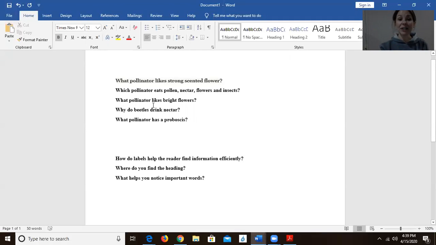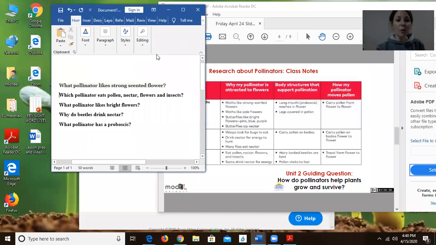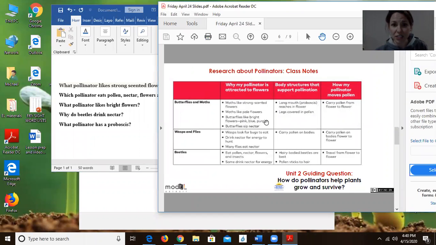What pollinator likes bright flowers? Why do beetles drink nectar? And what pollinator has a proboscis? Friends, you are going to use that chart to help you answer the questions. The chart is right here, but I just had it really big a few seconds ago, and that would have been a great time to pause your screen.